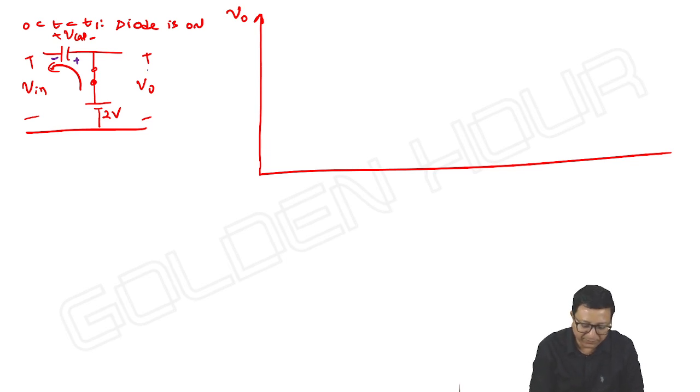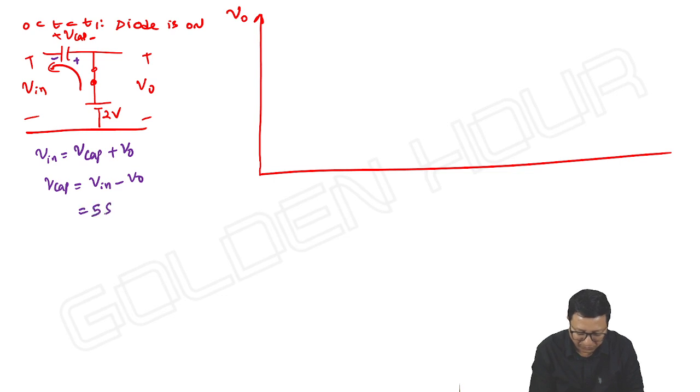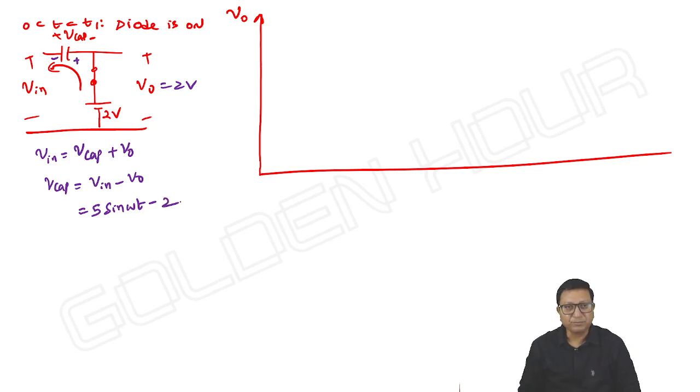Anyway, if you take the output equation, we know V input is equal to V capacitor plus V output, in which V capacitor is equal to V in minus V output. Input is 5 sin omega t minus, what is our output here? 2 volts. Okay. Also, during the interval 0 to T1, the input is less than 2.